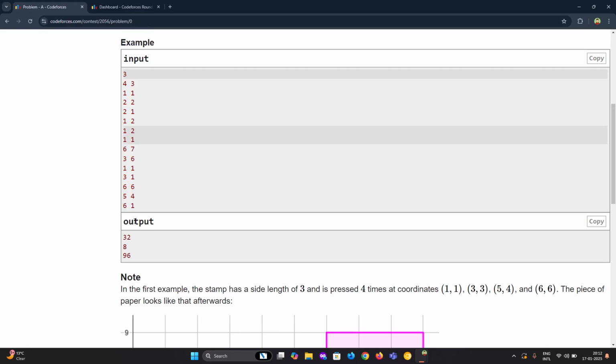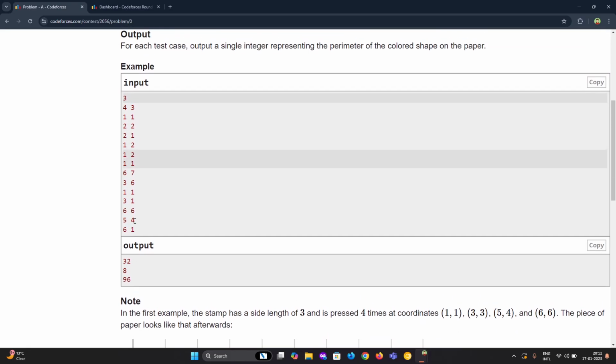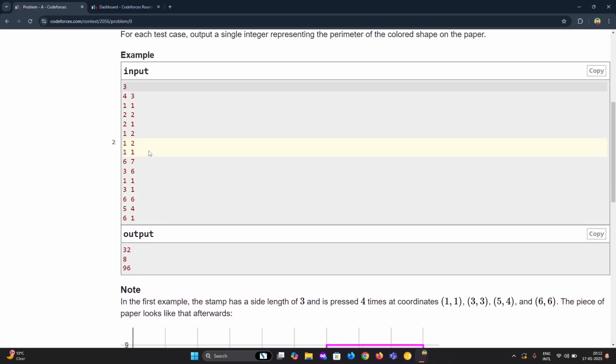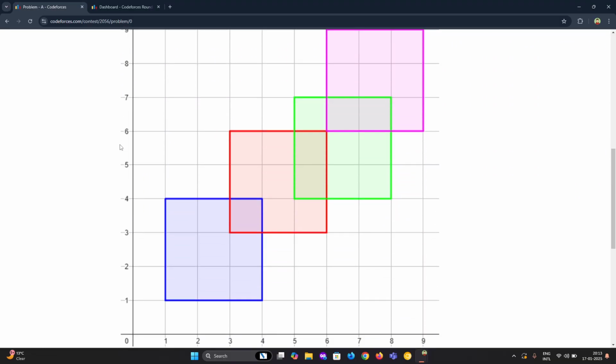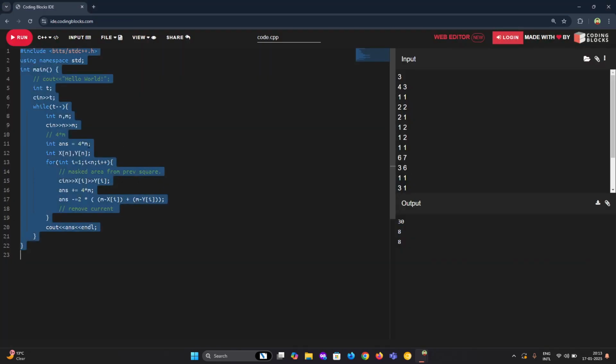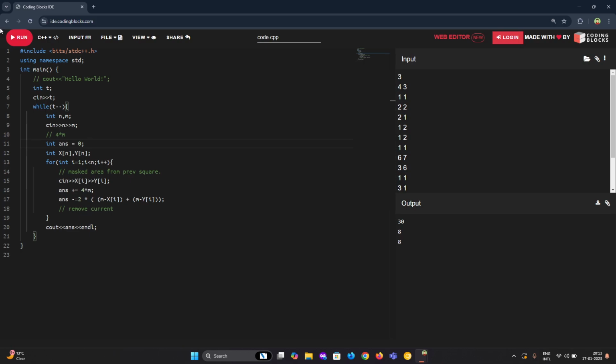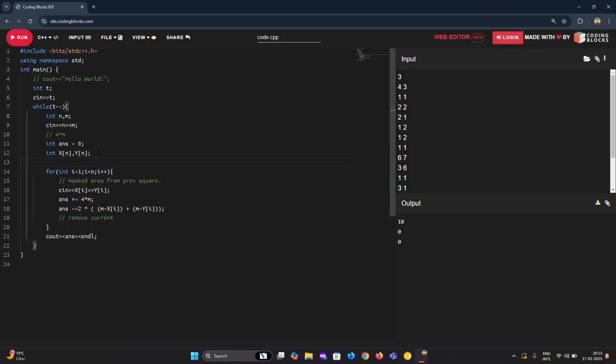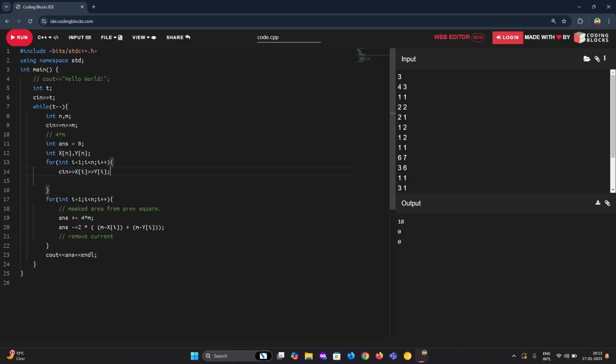Okay, something's gone terribly wrong. Okay, we do not paste it at the first time. It's better to take the input first.